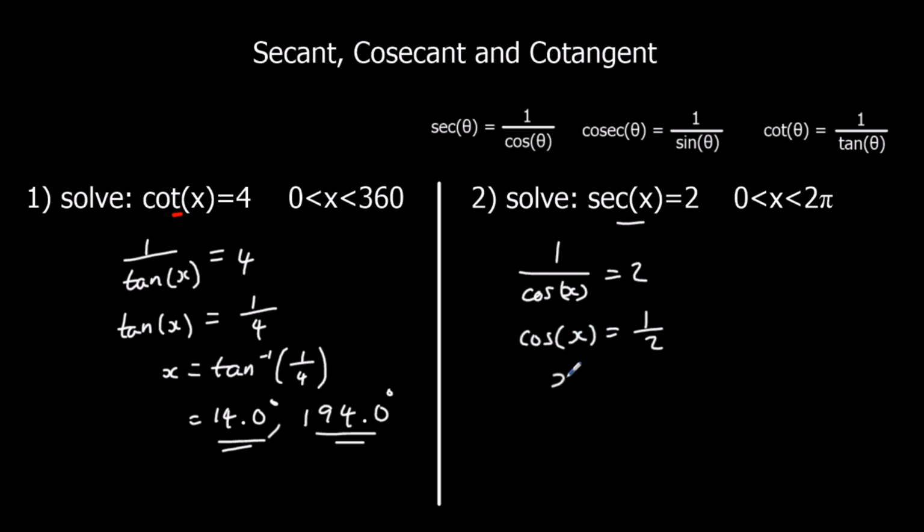So we're going to shift cos 1/2, and that's 1/3 pi. We're in cos, so we want to do 2 pi minus the answer, which gives us 5/3 pi. And those are our two answers.